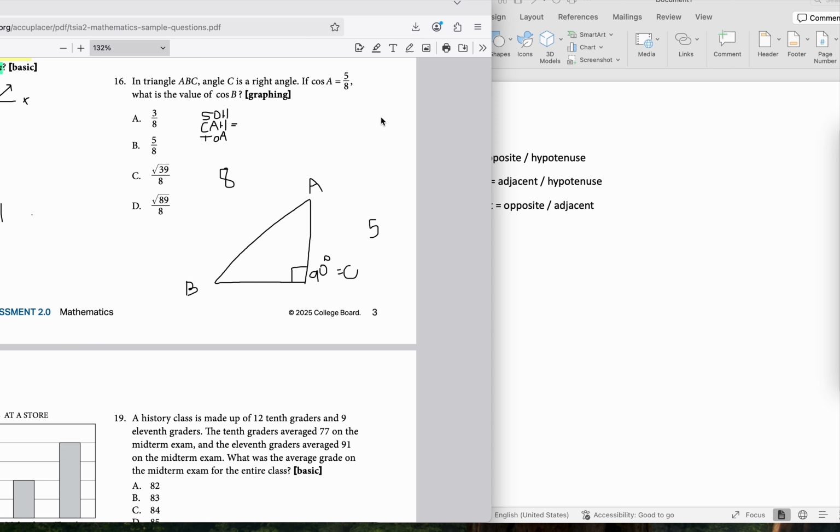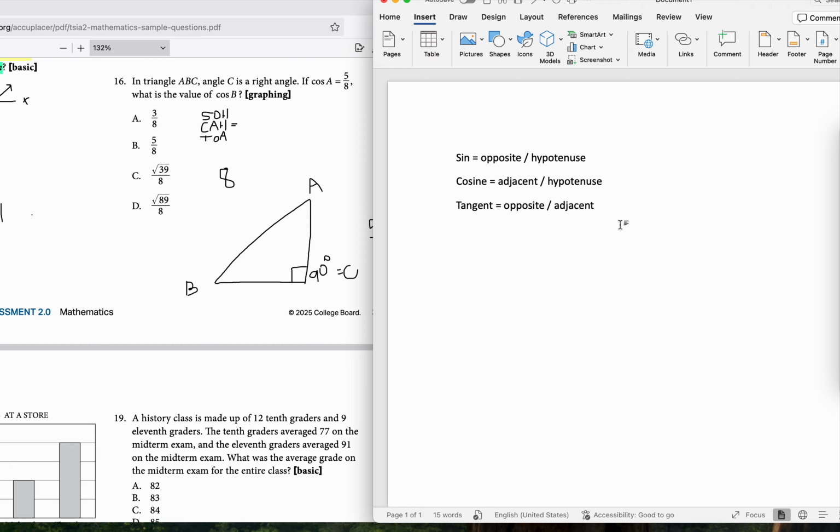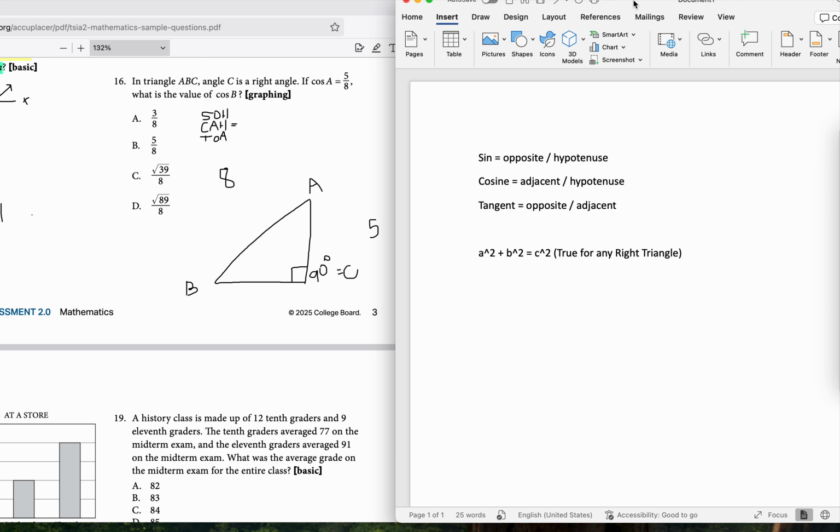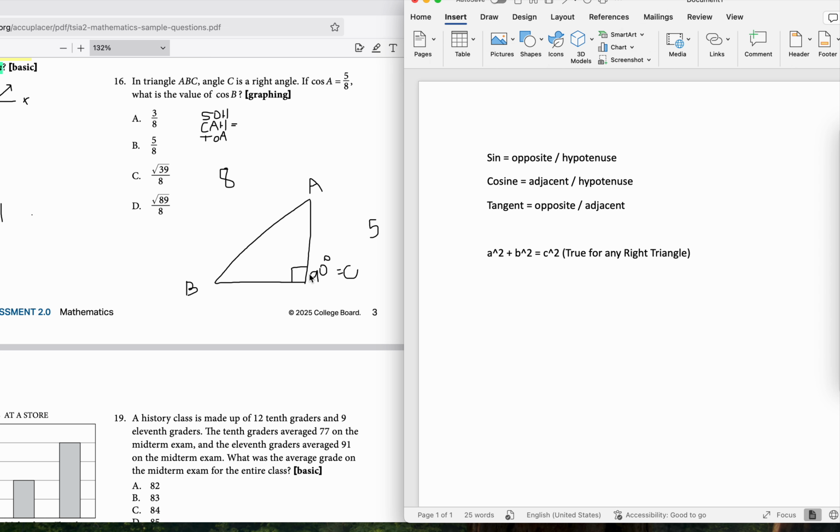Well, we also know a squared plus b squared equals c squared. And this will be true for any right triangle. We know that a and b are the two shorter sides, and that c is always going to be the longer side.